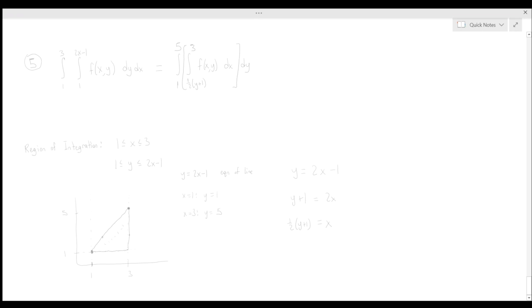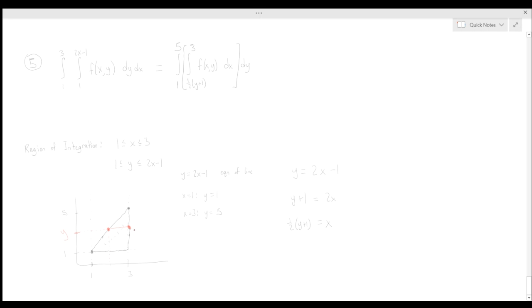And then, real quickly, for a better explanation of that: the idea is y ranges from 1 to 5. And then on the inside integral, if you take a value of y between 1 and 5 and hold it constant, you see what the bounds of x would be.